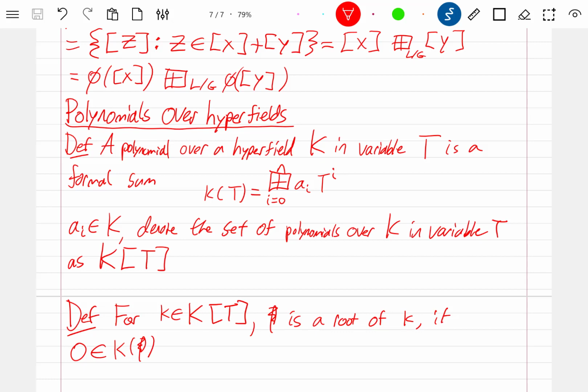And you can actually study what it means. Baker had this paper with, who was the other author? Oliver Lorscheid, on this notion of multiplicity of roots for these polynomials over hyperfields as well.